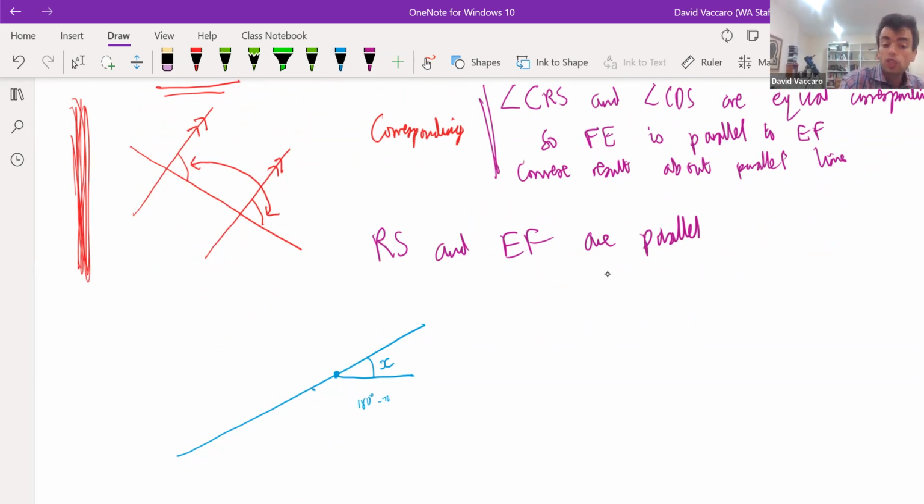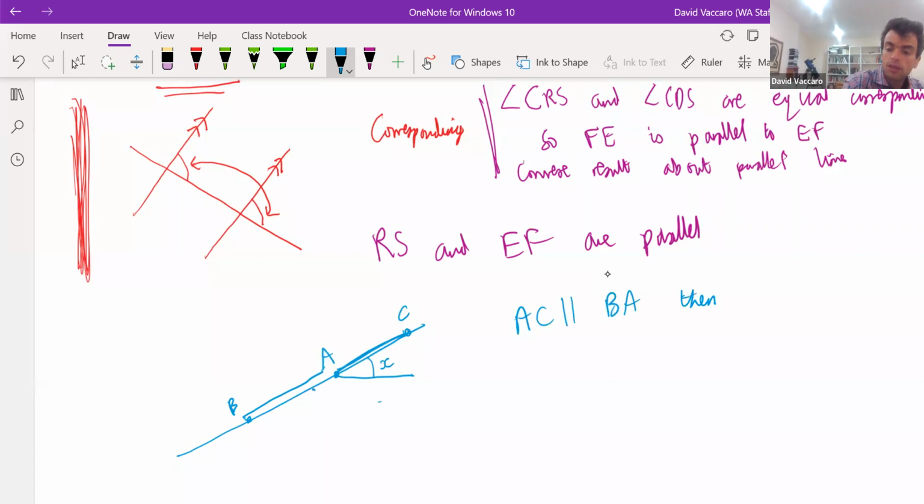The other way that we can show collinearity is if I can show that AC and BA are parallel, then B, A, C are collinear.